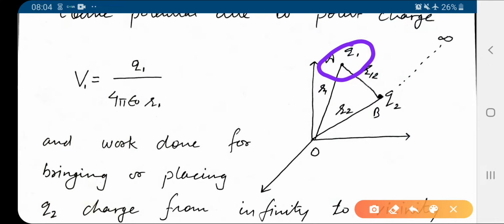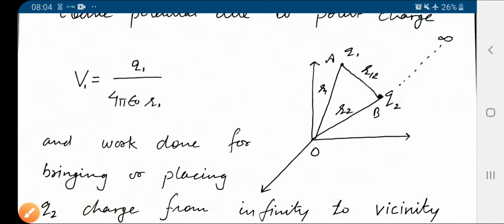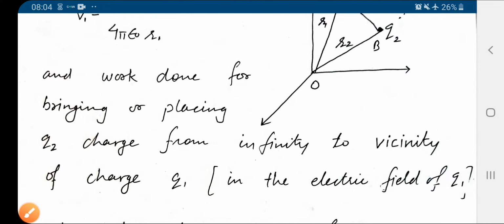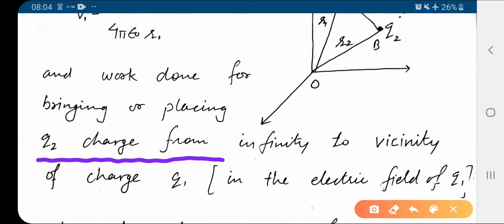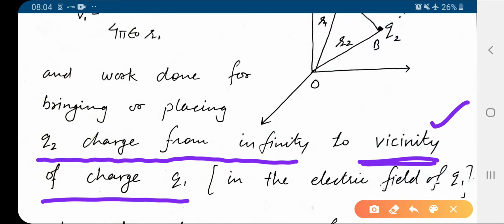So proceed like this: work done for bringing or placing charge Q2 from infinity to the vicinity of charge Q1, or you can say in the electric field of Q1.